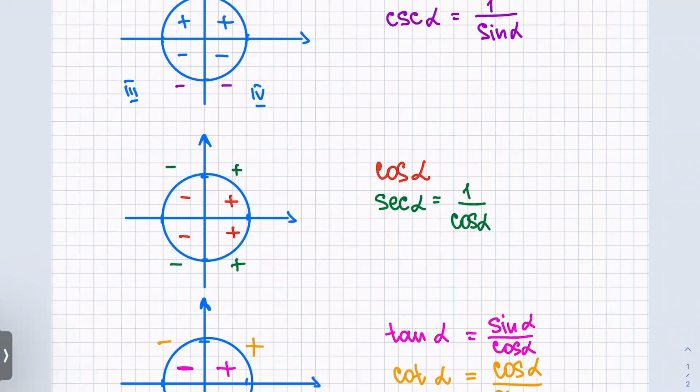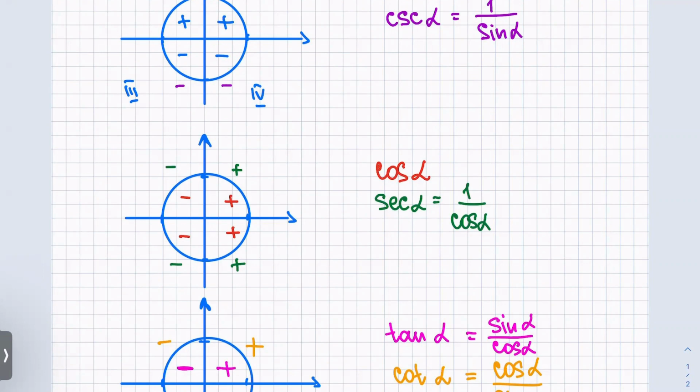And for the fourth, it will be negative as well. So they just coincide for tangent and cotangent. So tangent is just reciprocal to cotangent, or cotangent is the reciprocal to tangent. So they have the same signs in these four quadrants.